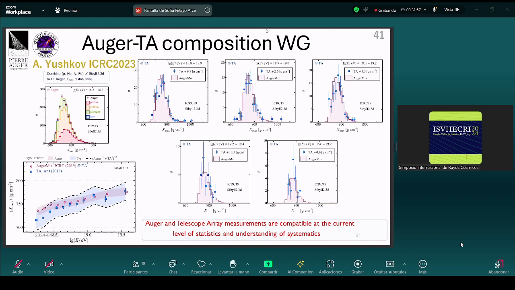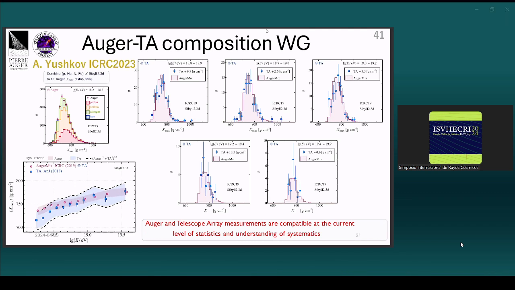In TA data, we see that some events go very deep. They're not many, but they make a strong impact on the width, on the sigma Xmax. And actually, it's a peculiarity of the Auger data, one doesn't see that. There was even a paper from the collaboration initiated by the Zigging Group, studying these tails and putting upper limits on proton and helium.